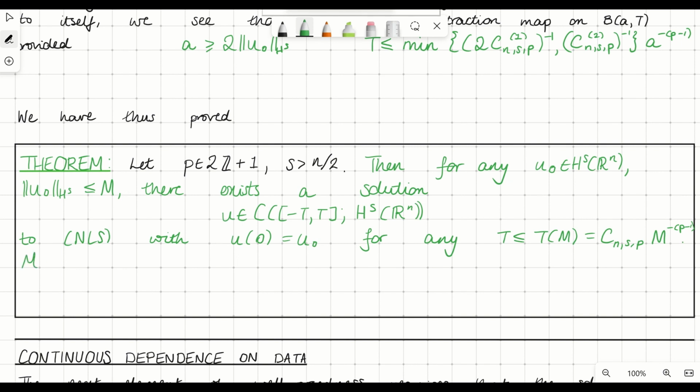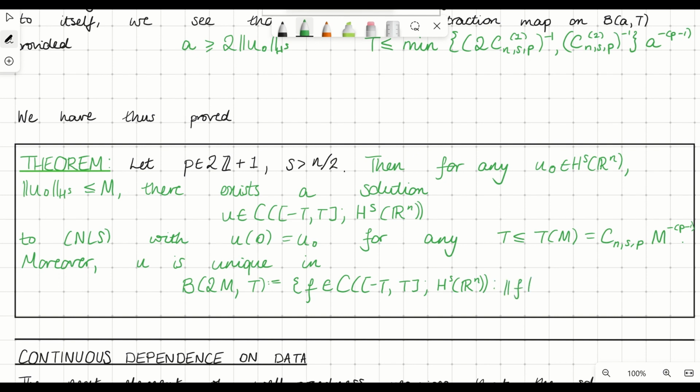Moreover, we have a very sort of weak, at the moment, uniqueness for this solution. We have that u is unique in the ball B2mt, which is the set of functions, as we now know, which are continuous from minus t into HS and have norm in that space at most 2m.